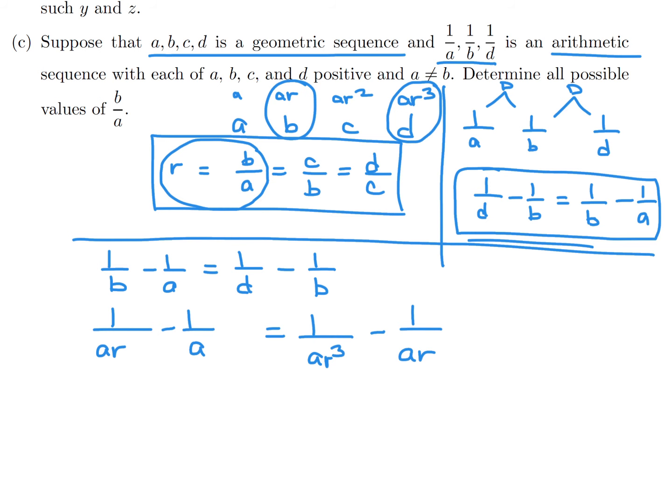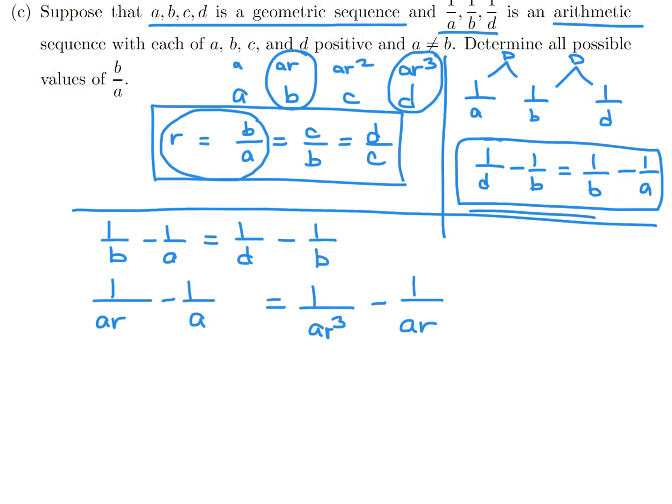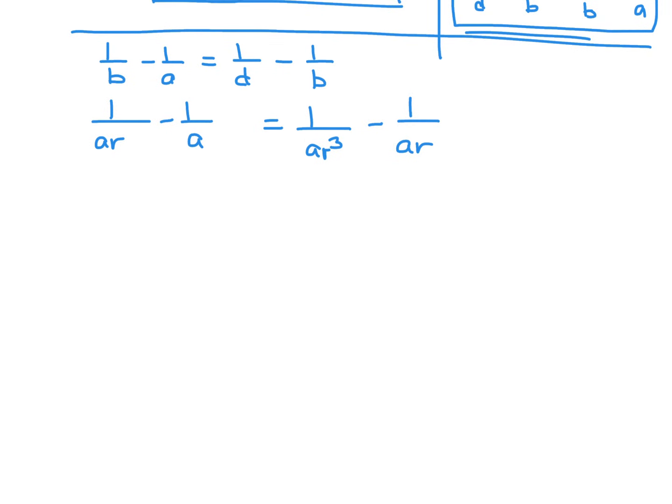Okay, let's work with this now. So we got to get a common denominator, R. So this is 1 minus R over AR. And this is R squared. So this would be 1 minus R squared over AR cubed. And then we can get rid of a lot of stuff here. We can get rid of AR from both sides, I believe.